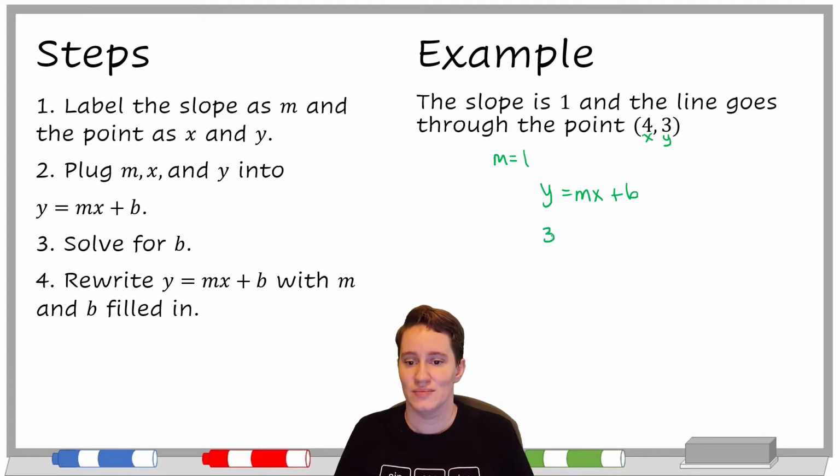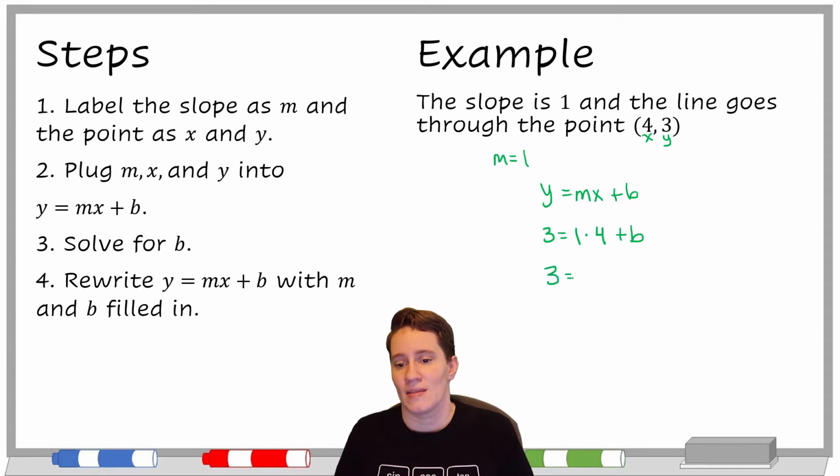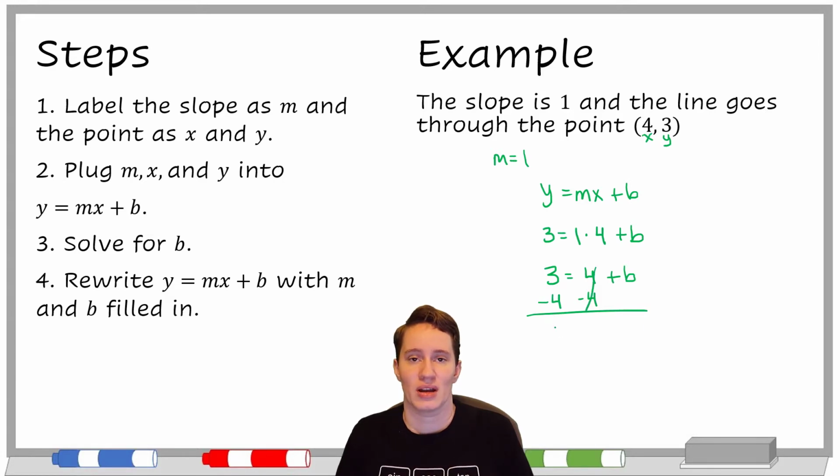y is 3, m is 1, and x is 4, which means that I'm going to solve for b by saying, okay, first off, what's 1 times 4? It's 4. And then I'm going to subtract 4 from both sides and get that 3 minus 4 is negative 1, because 4 was the bigger number and is negative.